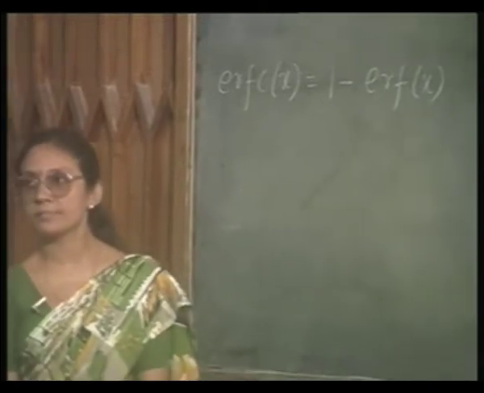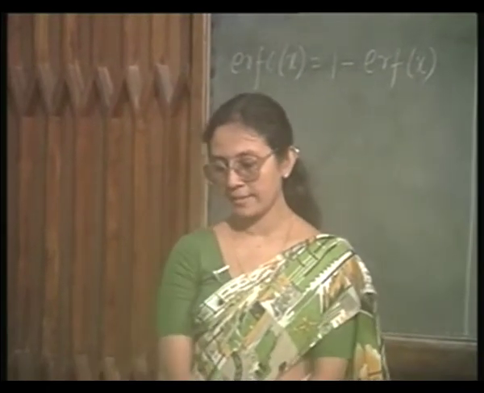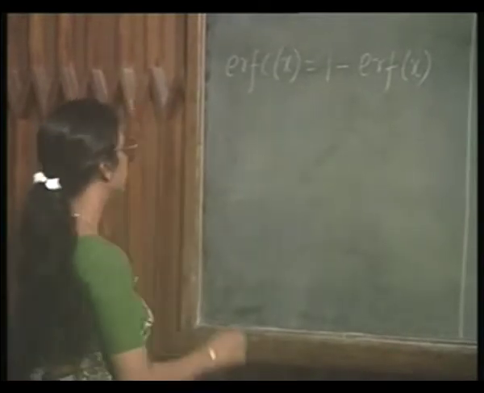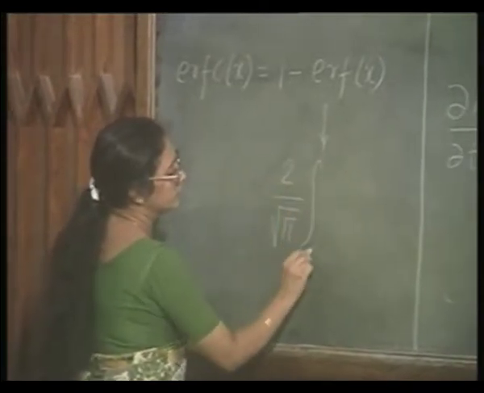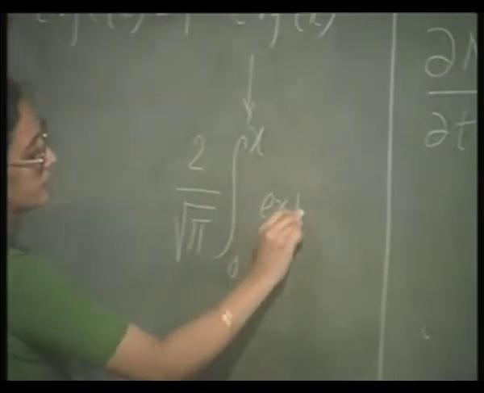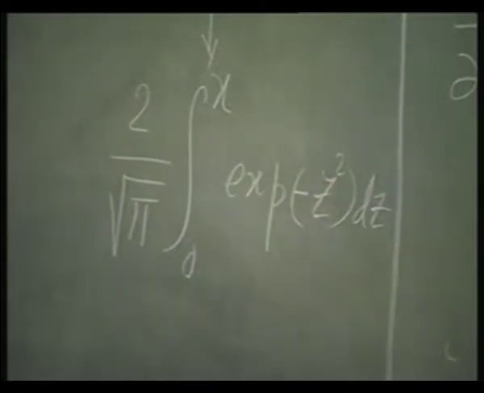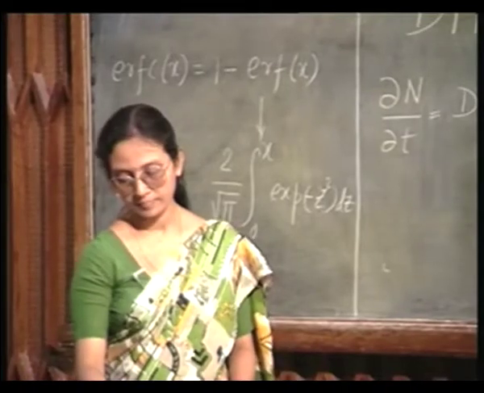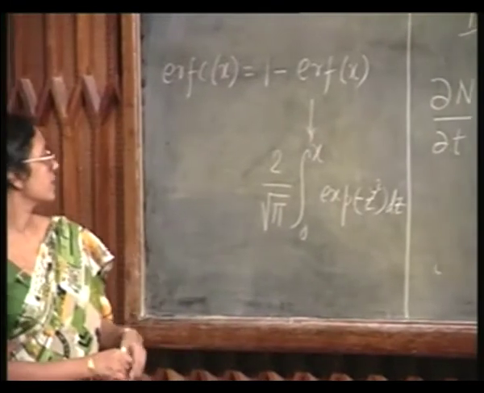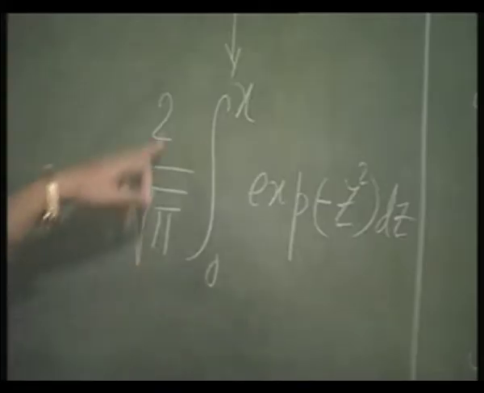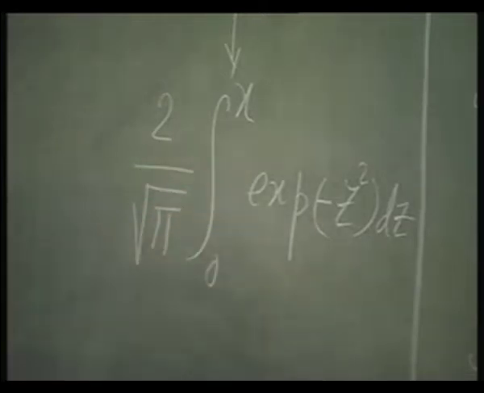Now, what is error function of x? Error function of x is given by 2 by root pi, it is actually a definite integral, 2 by root pi integral with the limits 0 to x of exponential minus z square dz.